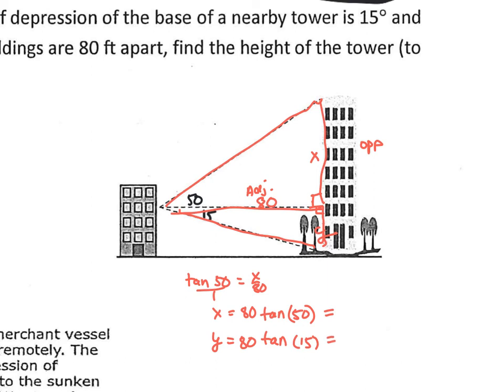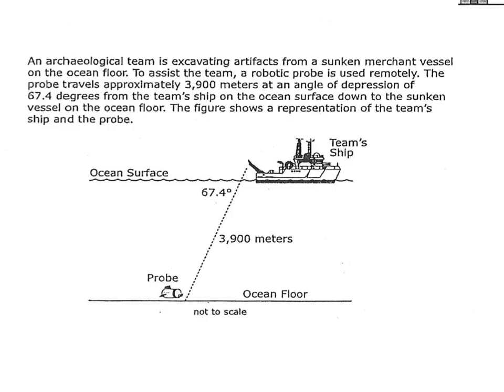So calculating what these equal, and then we'll add them together. 80 tangent of 50 is 95.34. 80 tangent of 15 is 21.44. So adding those together, we'll get 116.78, and that is in feet. That's the whole height of the large tower.